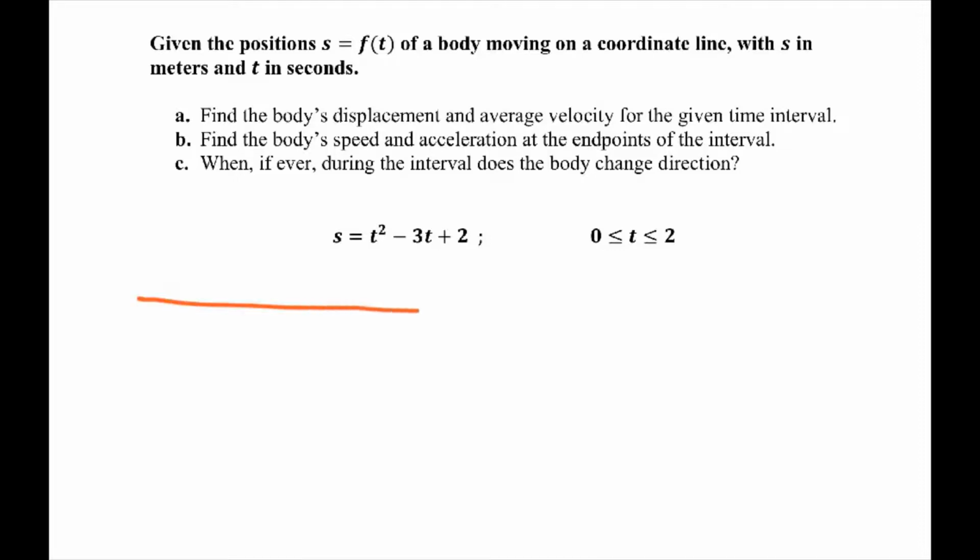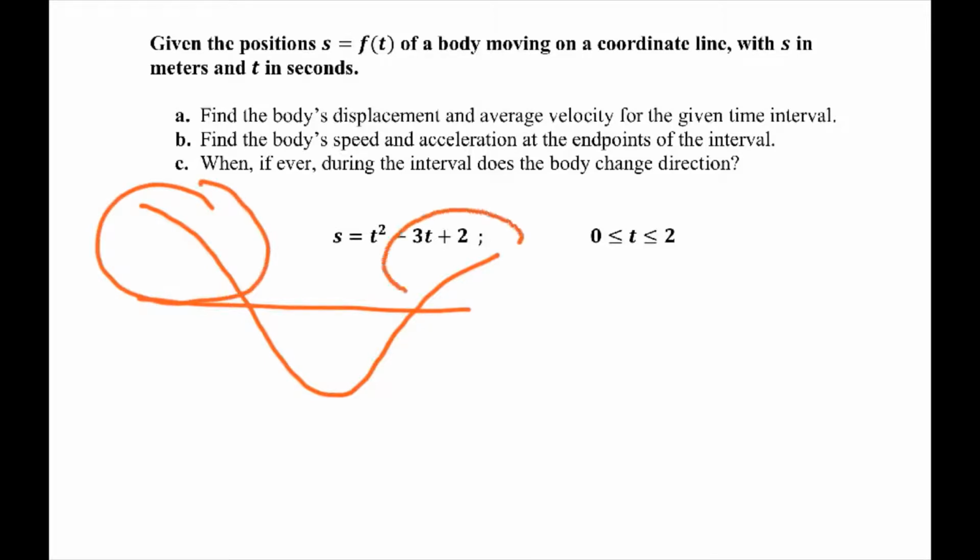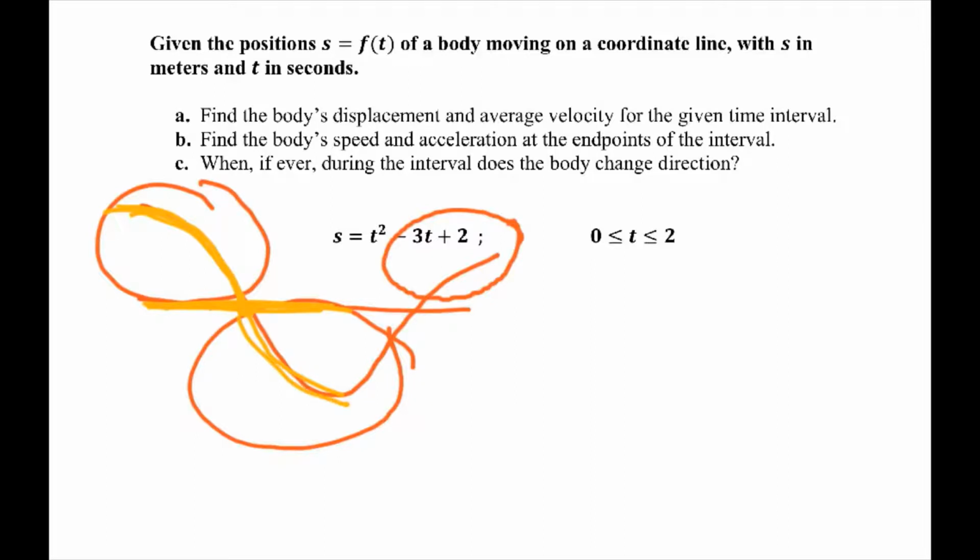If I have a graph of the velocity, this part above the x-axis is forward, and whatever is underneath the x-axis will be backward. So the function was going forward until it reached 0 before it goes backward. So I need to find the zeros in order to decide when the function was going forward and then changed direction and goes backward.